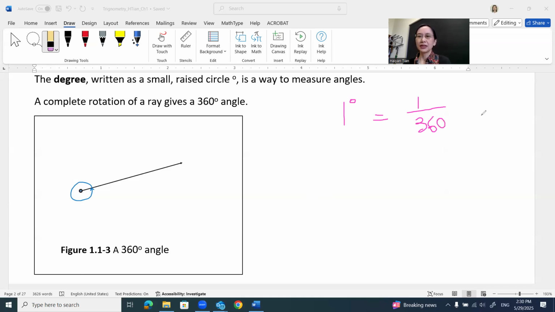So 1 degree is 1 over 360 of a complete rotation. Correct.